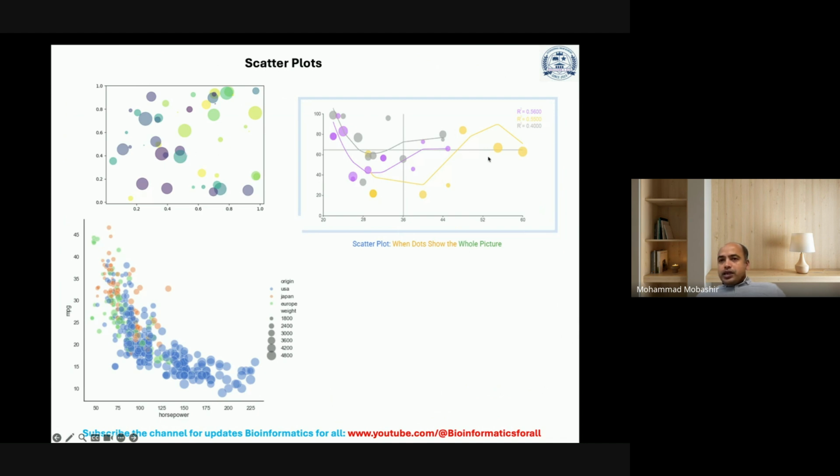Then comes another way of a scatter plot, when you want to mix it with some kind of line plots also. This is also quite possible. Then here is another way of plotting. You can also identify, using a scatter plot, a large number of highly dense data with different colors and different circle sizes.